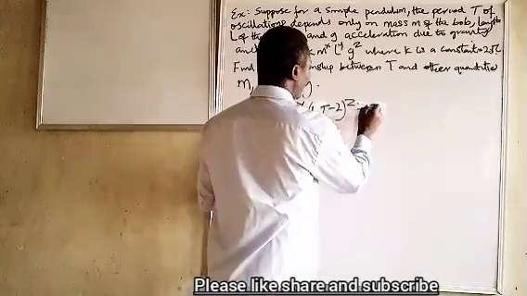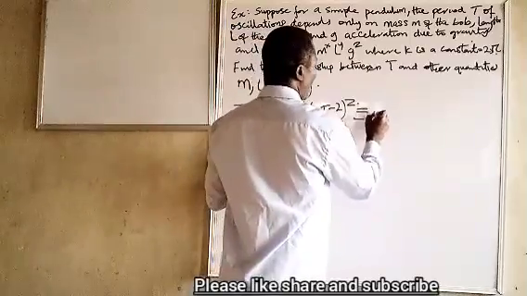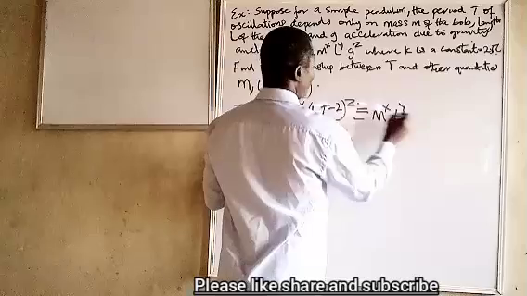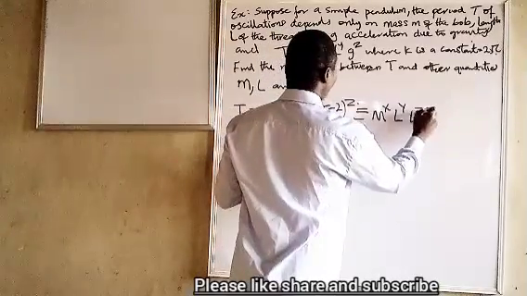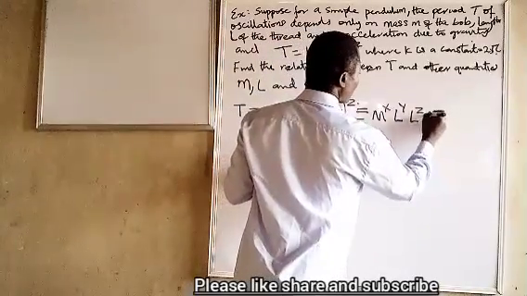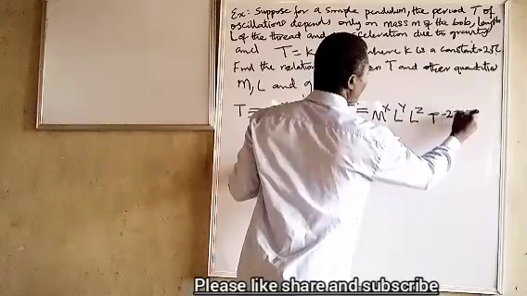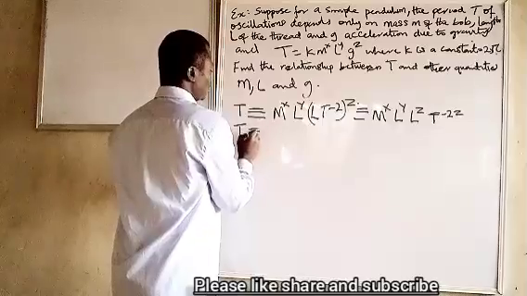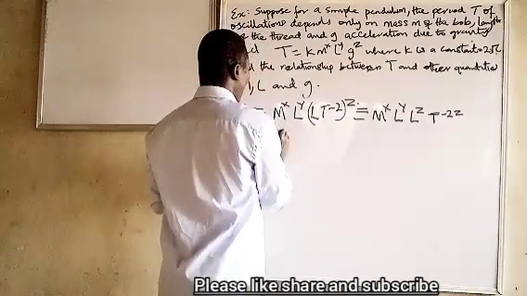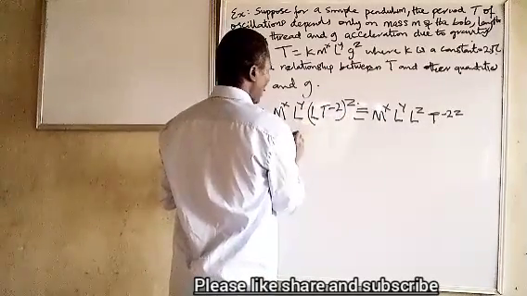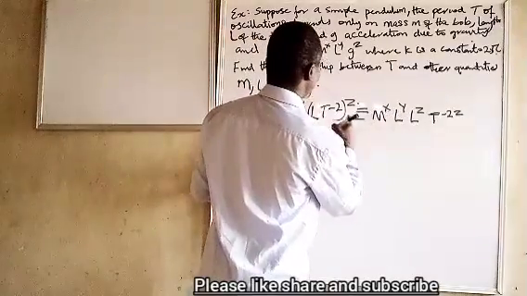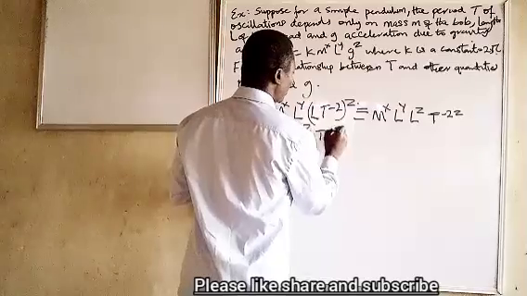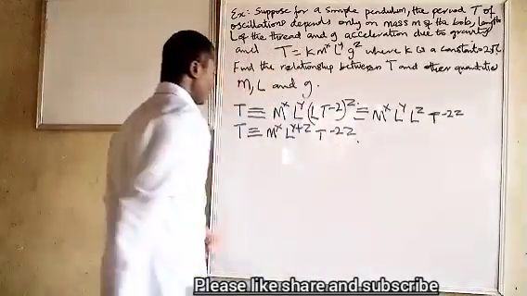So what do we have at the end of the day? We can say further that T is M raised to power x, L raised to power y plus z, and T raised to power minus 2z.